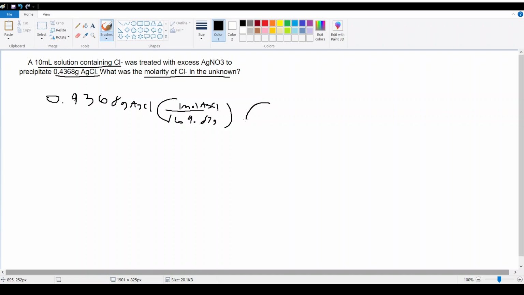So next, currently we are in moles of AgCl, but we don't want moles of AgCl, we want moles of Cl. So 1 mole of Cl minus and 1 mole of AgCl. Now remember, AgCl is on the bottom because AgCl is up here. Like moles of AgCl up here, moles of AgCl down here.